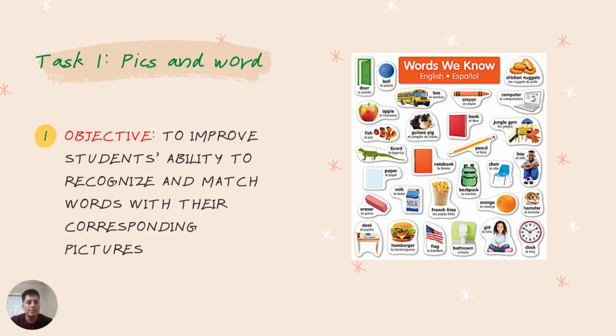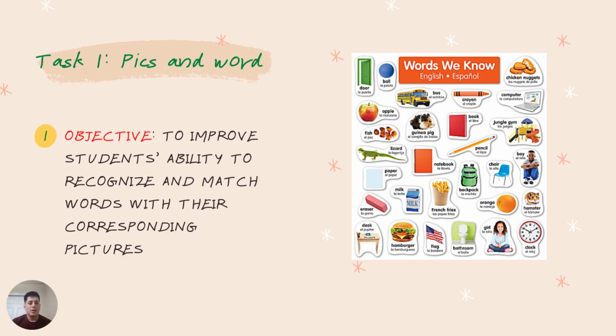All right, the first task I have named pictures and words matching. The objective of this task is to improve the student's ability to recognize and match words with their corresponding pictures.